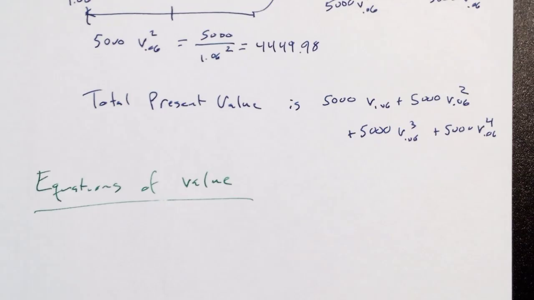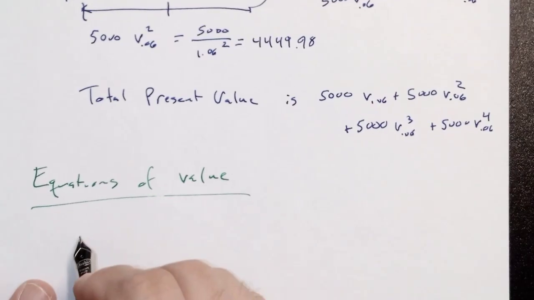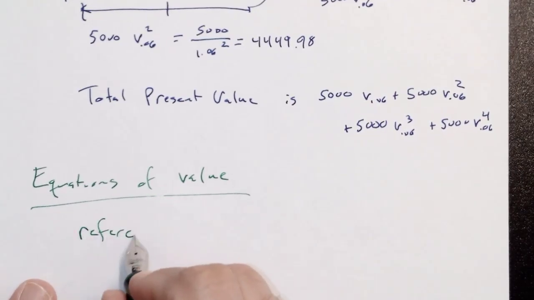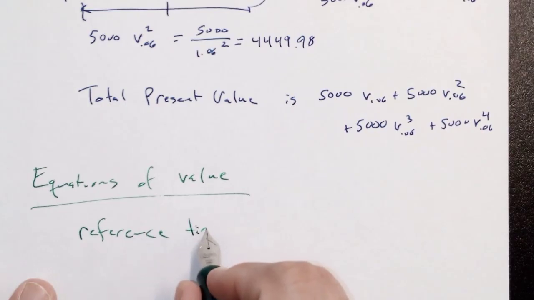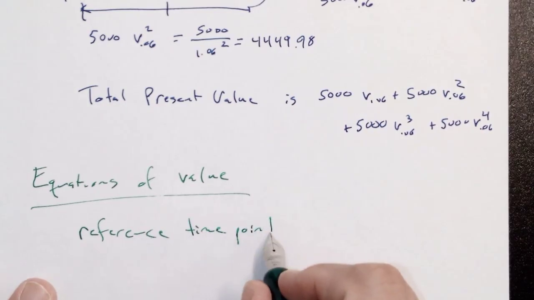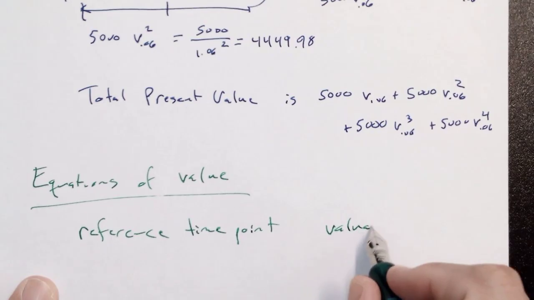But those can be time periods previous to today or forward from today. I can say everything is going forward from today, or everything is going back from today, or I could put my day somewhere in the middle. That's called a reference time point, or sometimes it's called a valuation date.